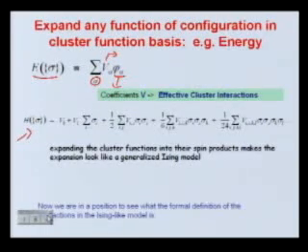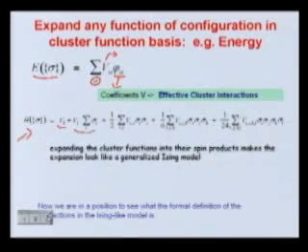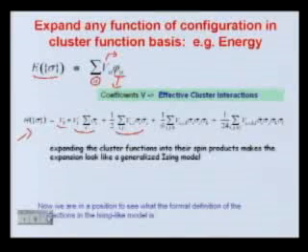There'll be an empty cluster function. So that's this term. When alpha is just a point, you'll have this term. So this is almost like point site energies or chemical potential likes. If alphas are pairs, you'll get the standard pair term that we see in lattice models. But this keeps on going.